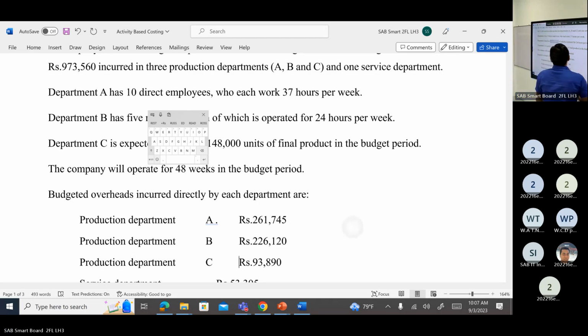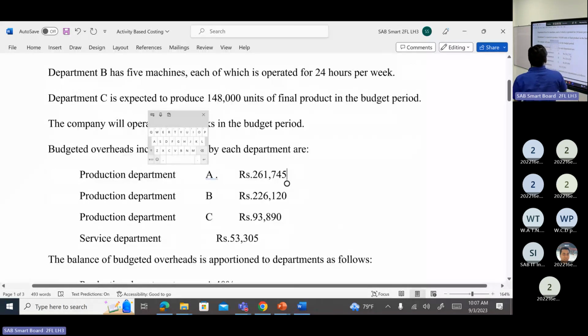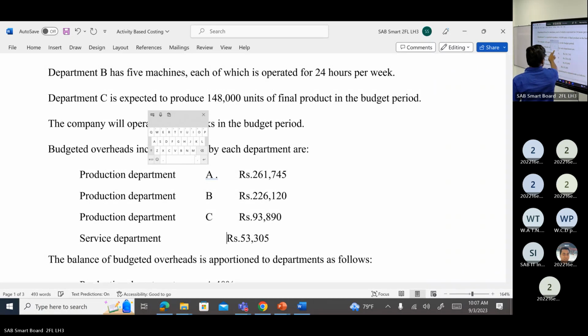Right? The departments, you have the cost of each department and the service department. Budgeted overhead cost by each department.